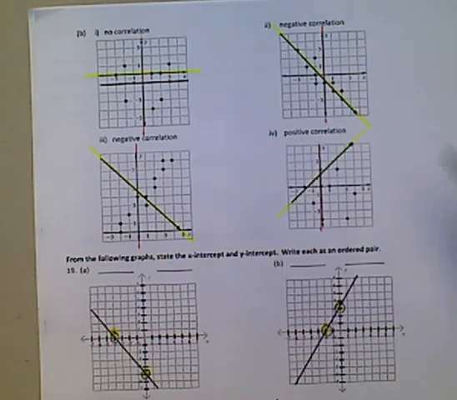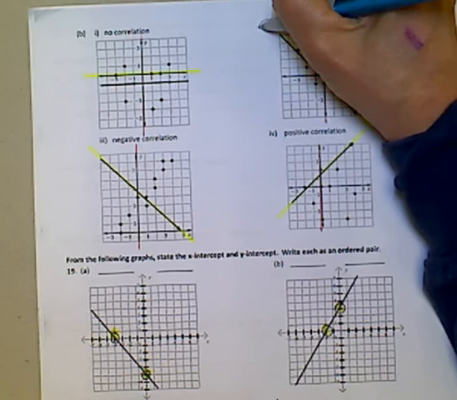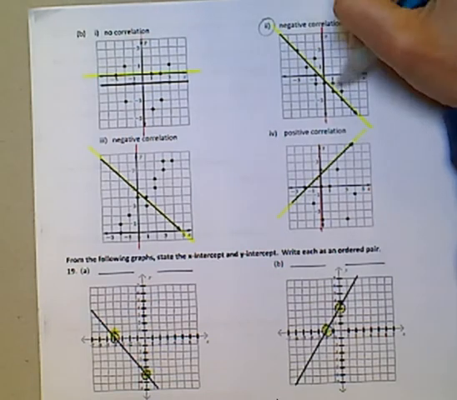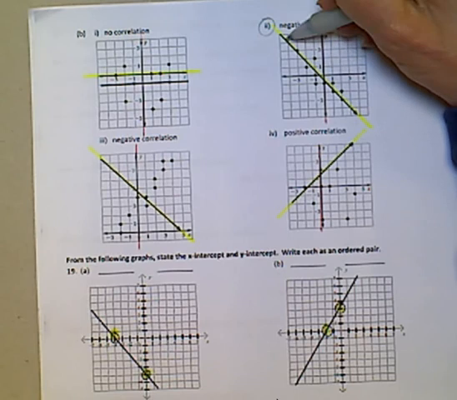In this case, it would be 2. We have a negative slope. Our line of best fit has a negative slope, and these points are most closely clustered around that line of best fit.